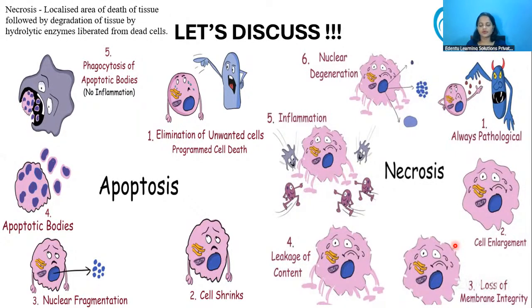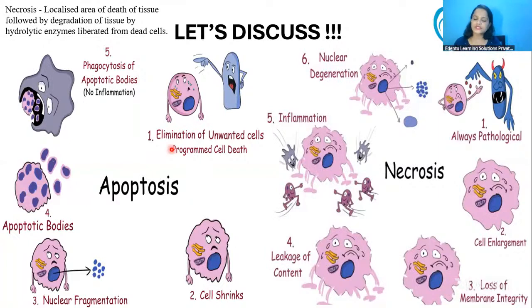The contents of the cell will leak out and lots of inflammatory cells will come also and degrade the nucleus and the complete cell. So that is what happens in necrosis. When you study necrosis, you should know what apoptosis is also, because both are interrelated processes, but there are huge differences between them also.